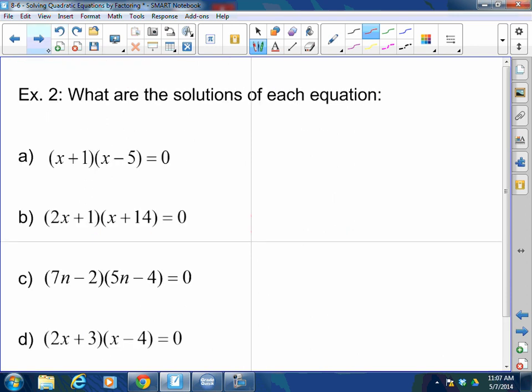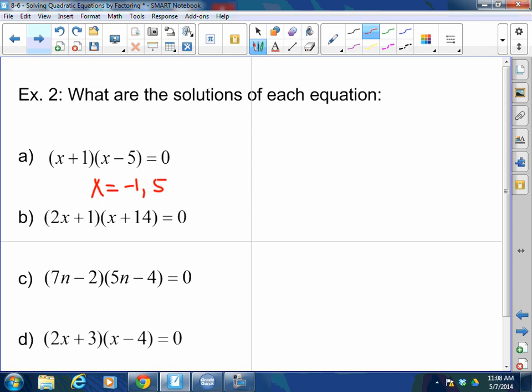What are the solutions of each equation? I've already factored them for you. So this will be the last step before the zero product property. In order to find the solutions, you set every single factor equal to 0. So in this case, x will equal negative 1 and 5. Good.